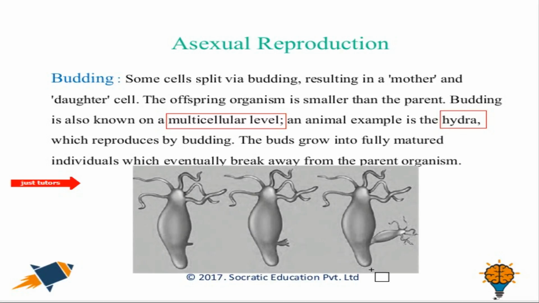You can see in the picture below a hydra in which a little cell is growing on the skin of the hydra. You can see it in the first picture, the leftmost hydra, and gradually it grows, and soon it becomes a new hydra or a new organism, and when it has grown completely, it breaks away.